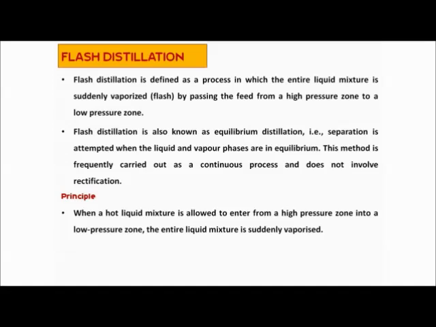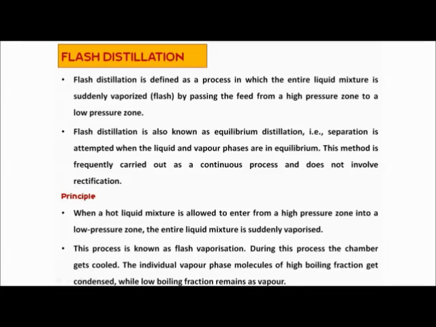This whole liquid mixture gets suddenly vaporized because the pressure is low, right? So this process is known as flash vaporization. Flash vaporization means allowing the liquid mixture to go from a high pressure region to a low pressure region. During this process, the chamber gets cooled.